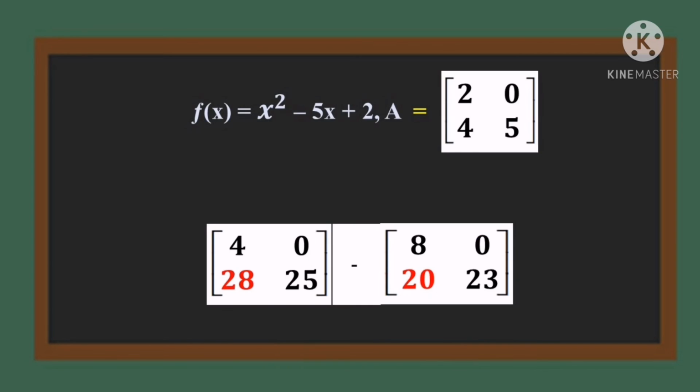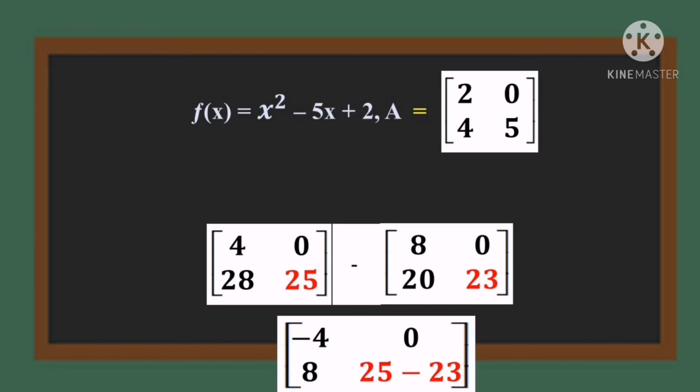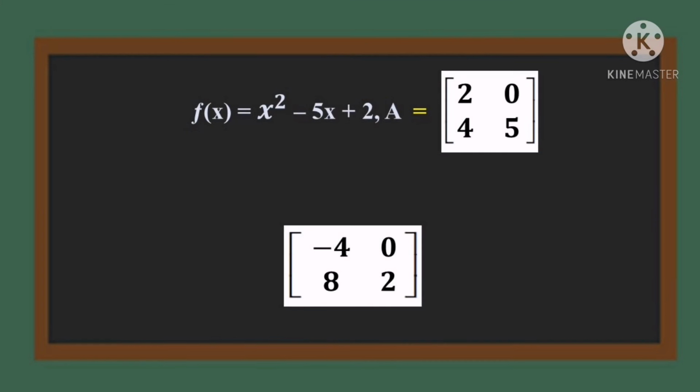Next, we get the numbers in row 2 and subtract. So we have 28 minus negative 20 and 25 minus negative 23. And now we are able to do all the operations and get the final answer. The final answer is the matrix negative 4, 0, 8, 2.